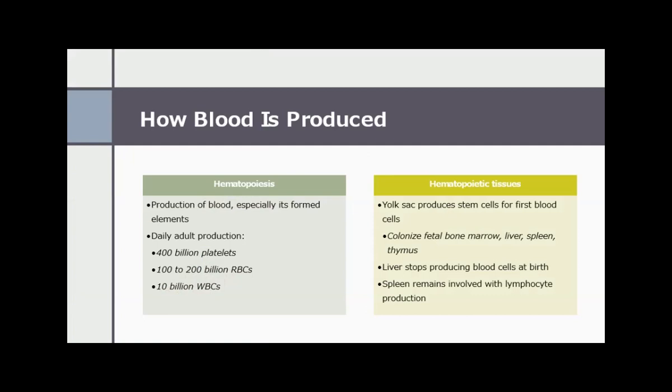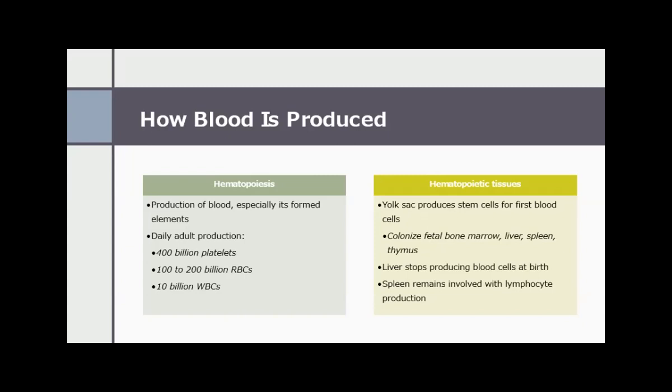Okay, so now that we've looked at viscosity and osmolarity and how that affects the heart, heart rate and blood pressure, let's look at how blood is produced, okay? The name for blood production is hemopoiesis.